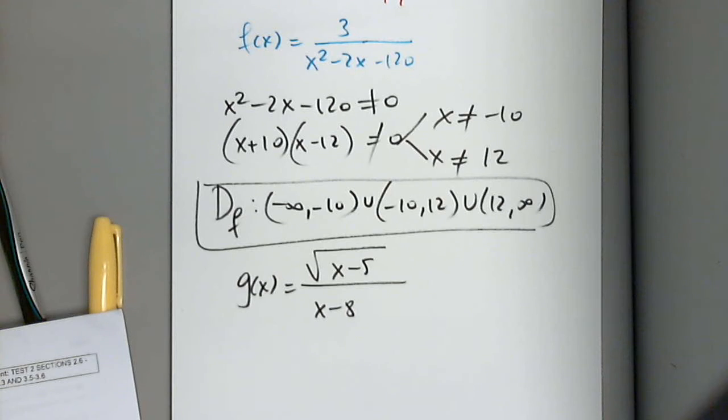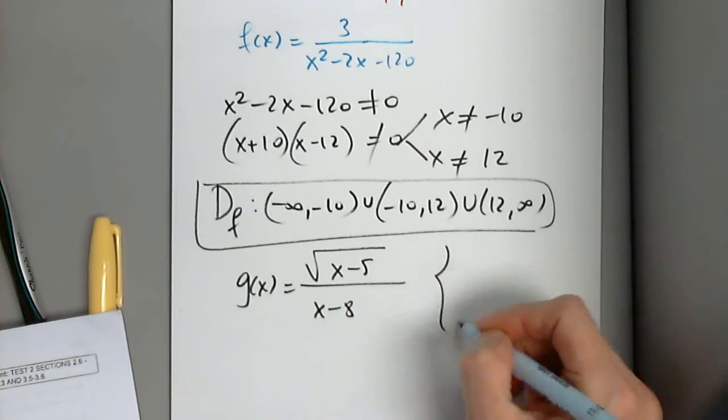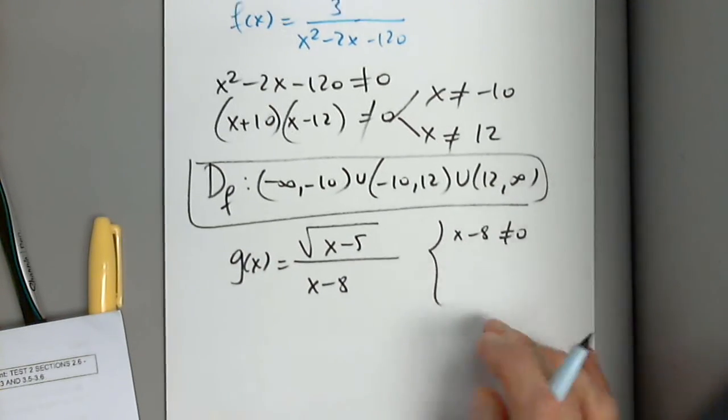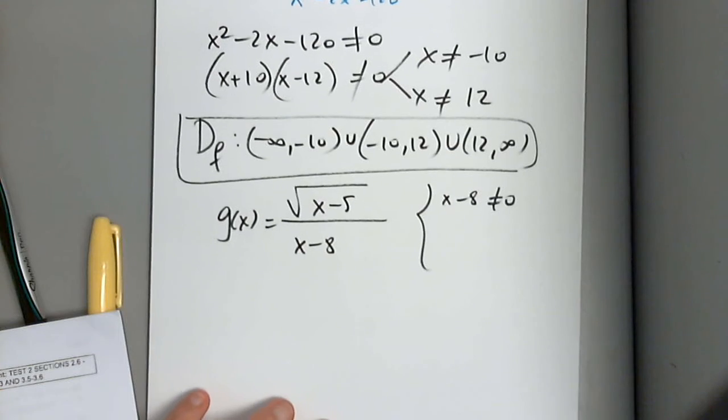So now I have to worry about two things here. What are those two things? I have to worry that x cannot be 8, of course, that's very clear. So x minus 8 cannot be 0, like we just did.